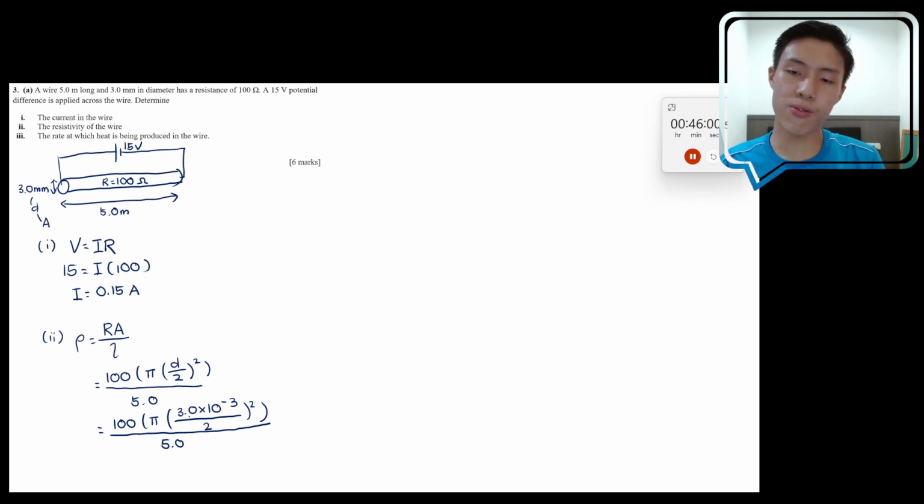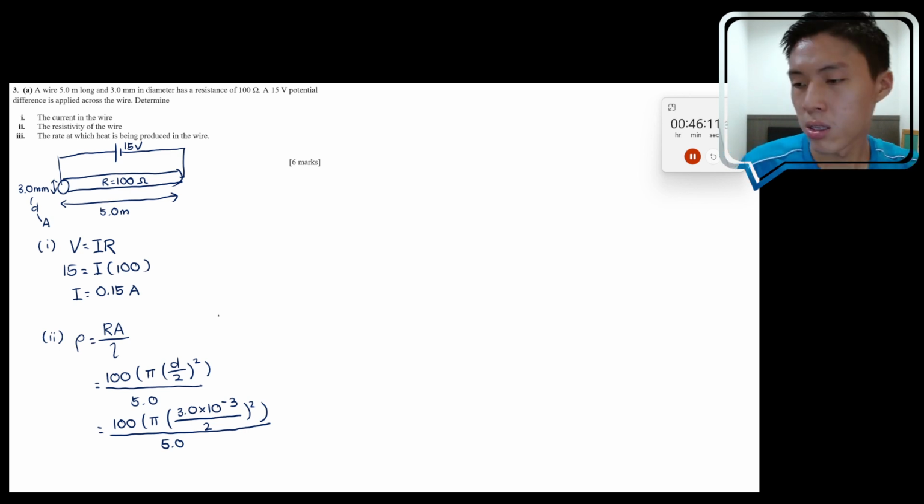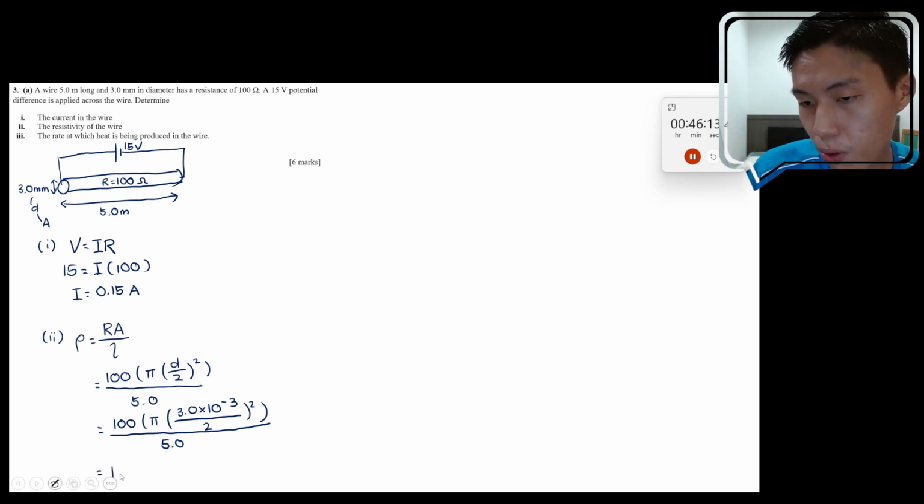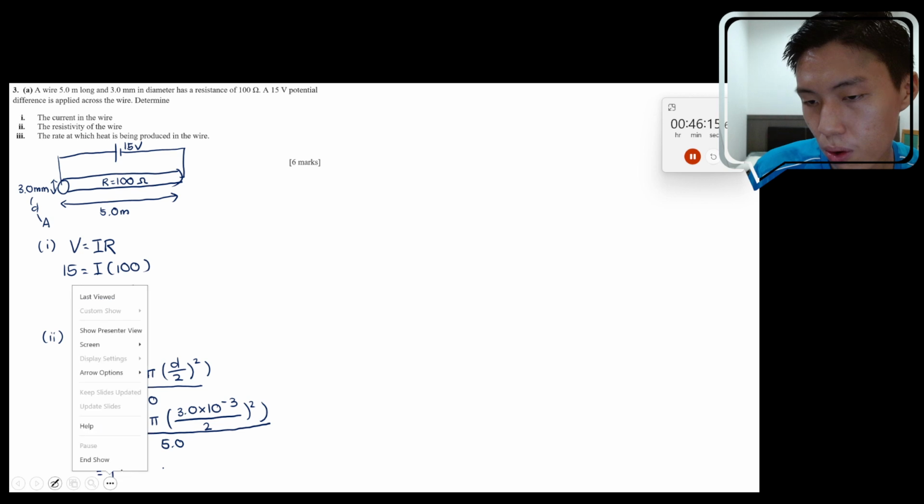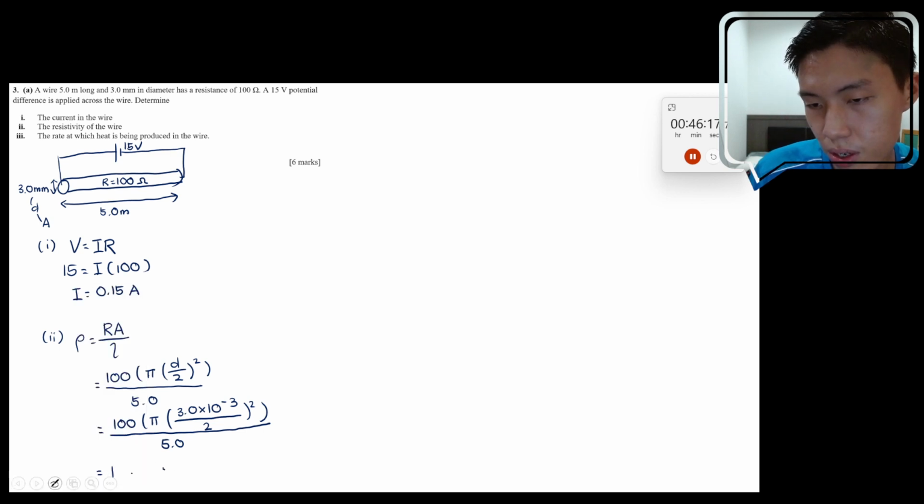Okay, be very careful with the prefix. Many students have careless mistakes when it comes to the prefix. Okay, so what I get here is 1.414 times 10 to the power -4.